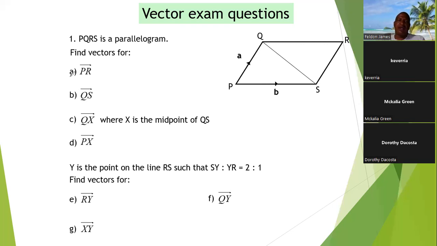You are to find PR, and when they say find PR, they are referring to the letters that they give you here.